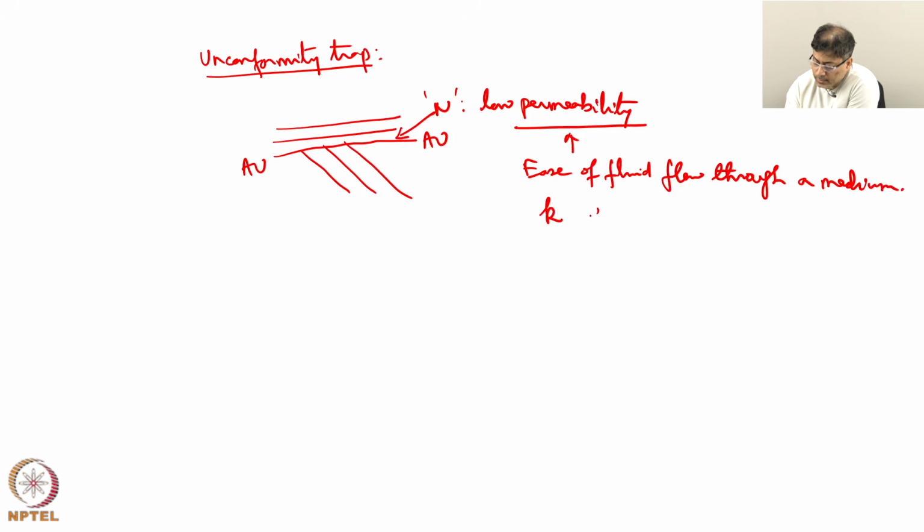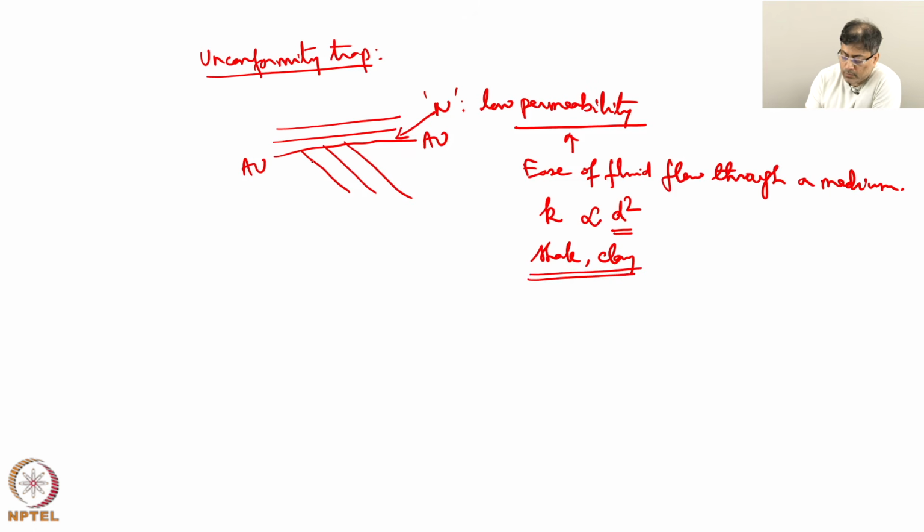Permeability k is proportional to the square of the grain diameter, d, the diameter of the grain. So, this indicates when grain size is reduced, the permeability is significantly reduced. In other words, shale, clay, these sedimentary materials have very low permeability.